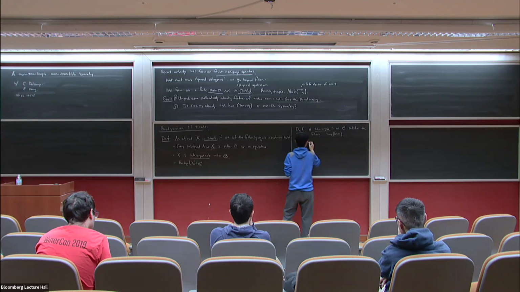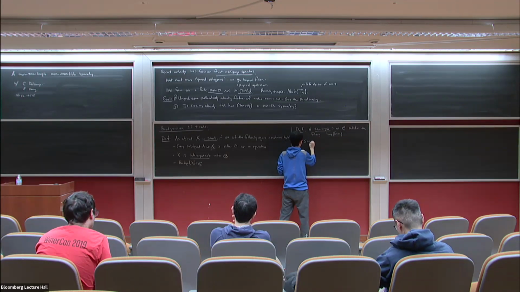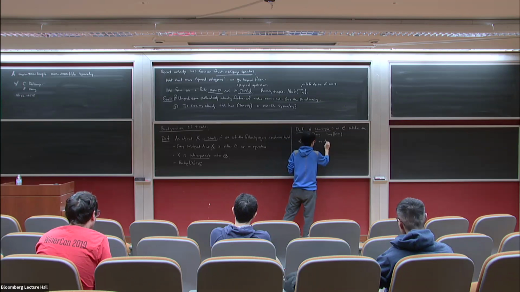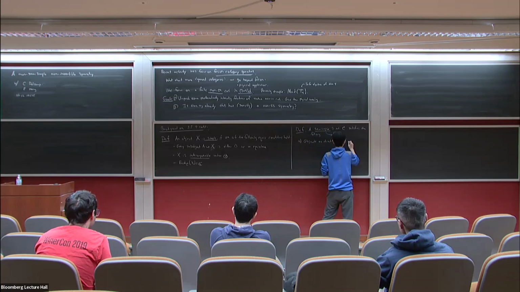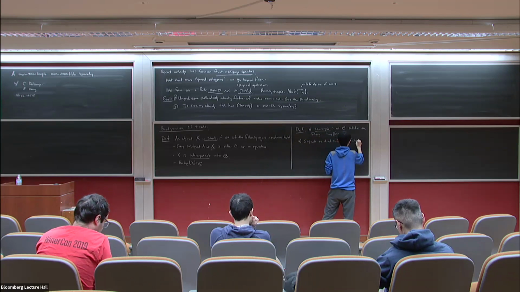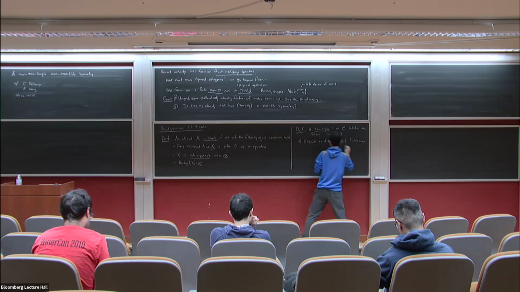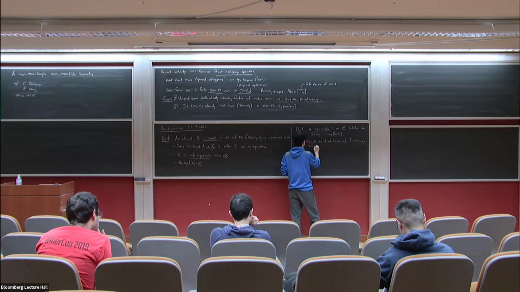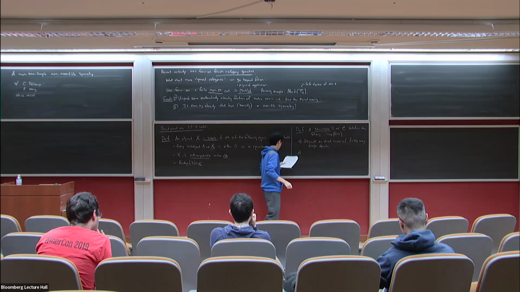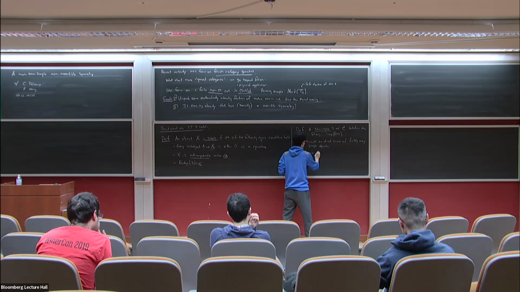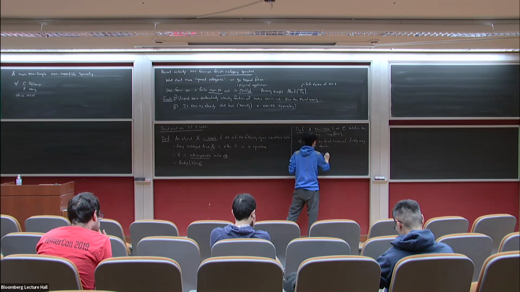So the semi-simple category has the following. One, objects are direct sums of finitely many simple objects. We know what a simple object is now. Two, it's Karoubi complete. Maybe some people like condensation complete.